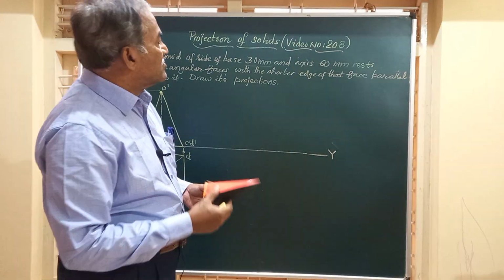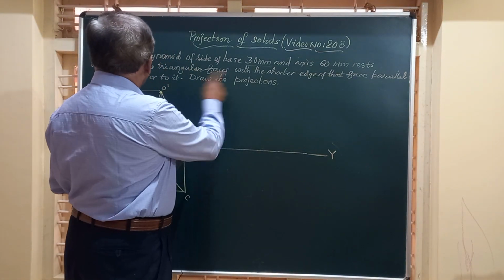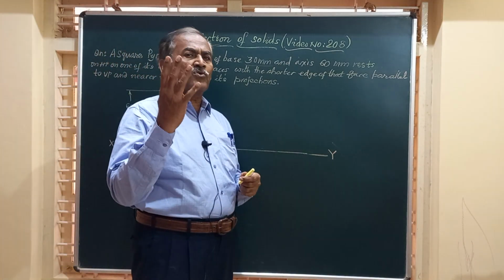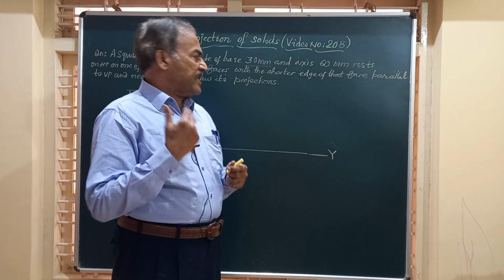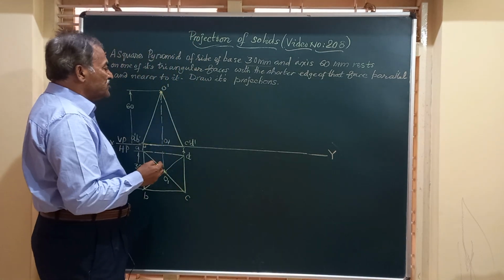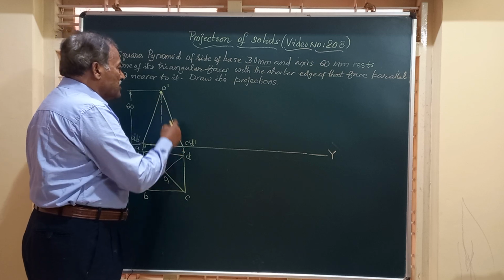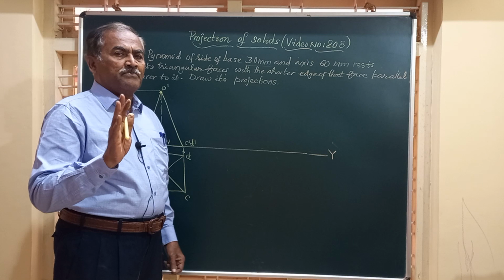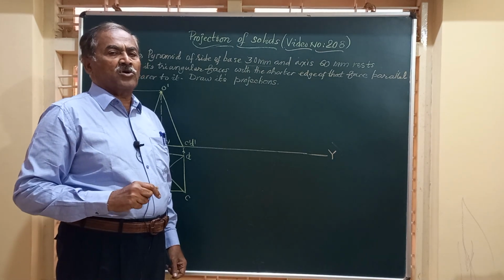Friends, what does it say in the question? It has to rest on one of its triangular faces. I told you, it has got four triangular faces on its lateral surface. And if you observe the front view for the initial position, the last line, O dash, C dash, D dash, represents a triangular surface. How?